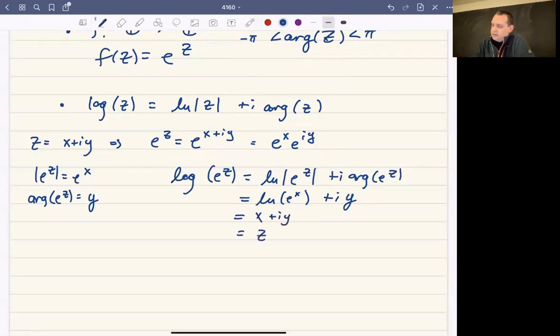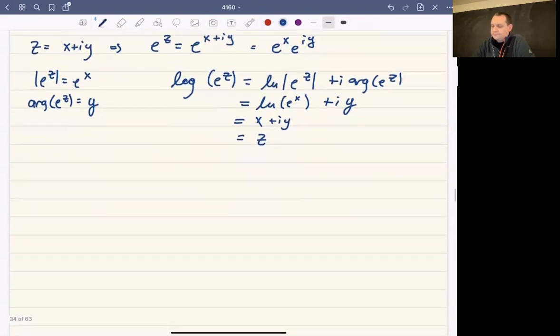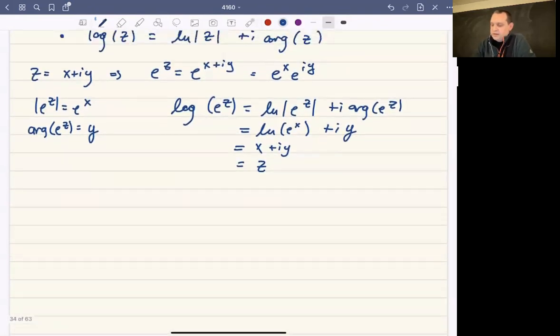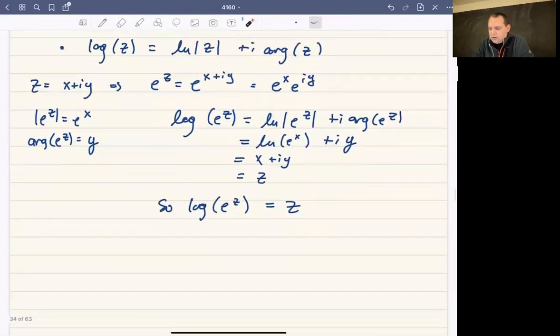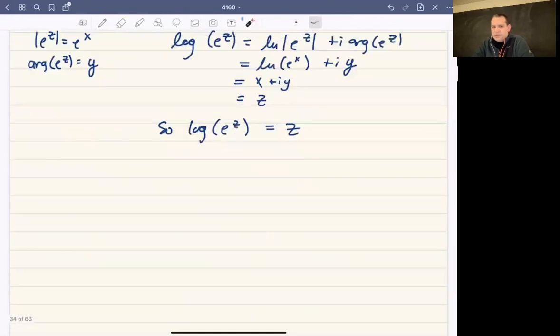So we get back the value z. And so that tells us that log of e to the z is going to be z. There was a little bit of subtlety here, which I glossed over, but that was specifically when we talked about the argument, that was just y, and y has got to be in the certain range that we have. Okay, so the argument for the exponential function has to have those values between negative pi and pi.